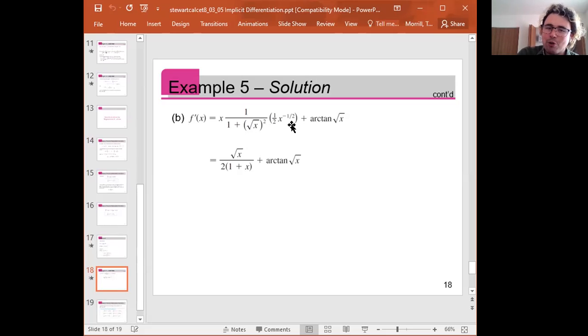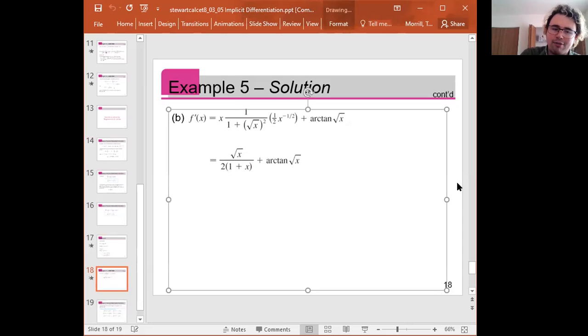And then I need to multiply by the derivative of the square root of x, which hopefully at this point we're comfortable saying is 1/2 of x to the -1/2 power. So I'm going to multiply these things together and clean it up. Let's say x times x to the -1/2 is x to the +1/2. That'll be my numerator. And I'll move that 2 down to the denominator, and I'll have 2 times 1 plus x, my denominator. And then this is all plus arctangent of the square root of x.